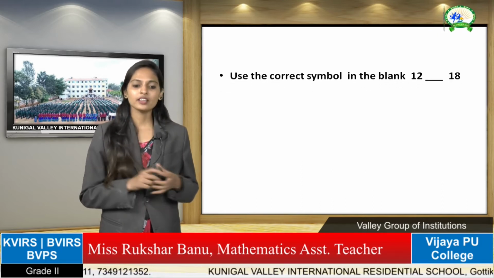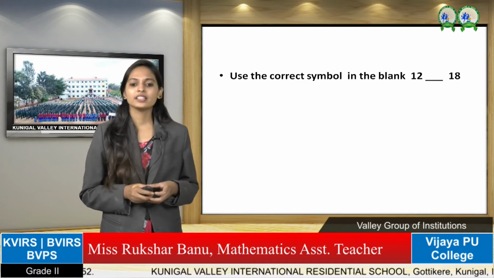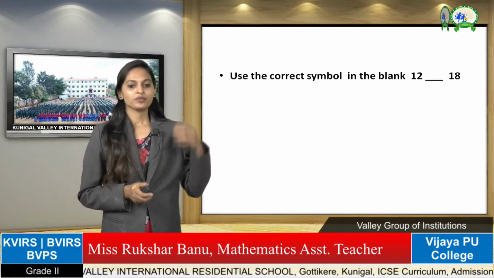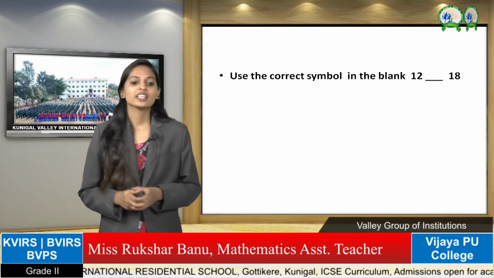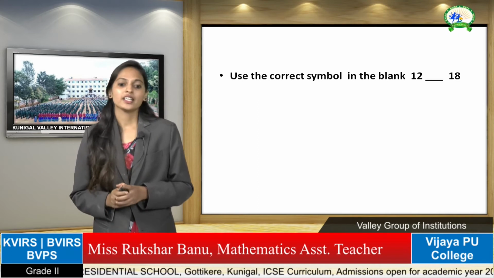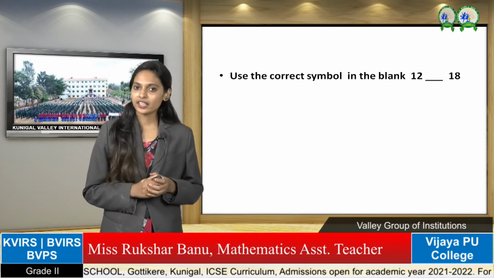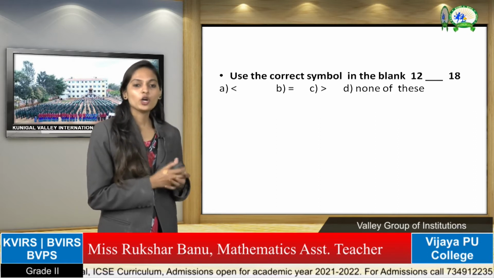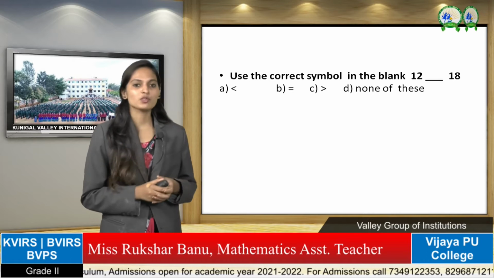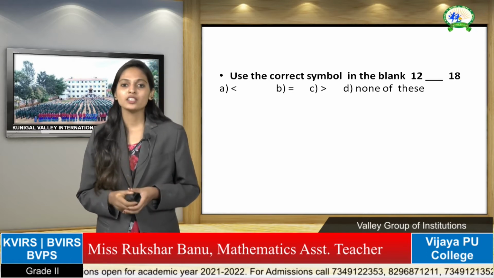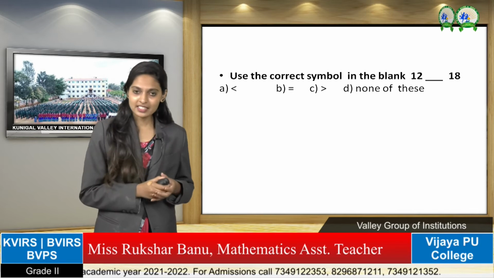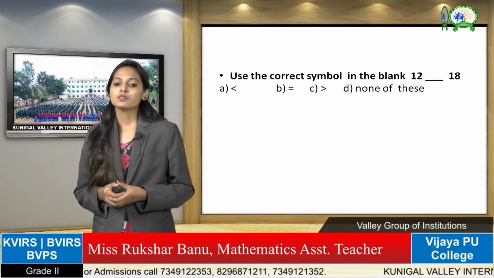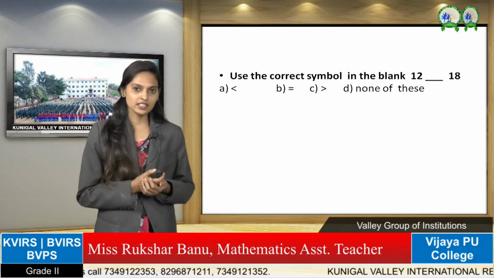Okay, next one is use the correct symbol in the blank. Here 12 dash 18 is there. Which is the correct symbol here, children? Yes, see the options here. A option less than is there, B option is equal to is there, C option greater than is there, D option none of these, which means the answer is not there.